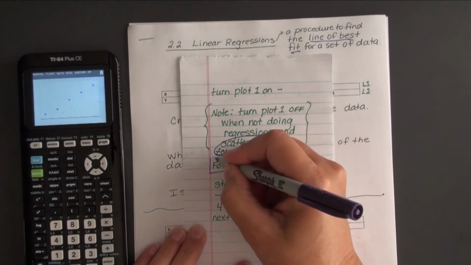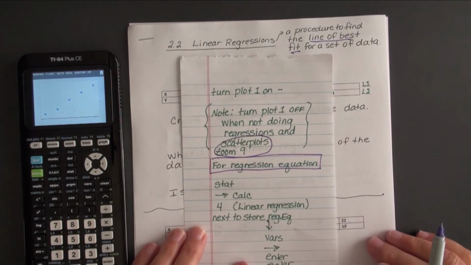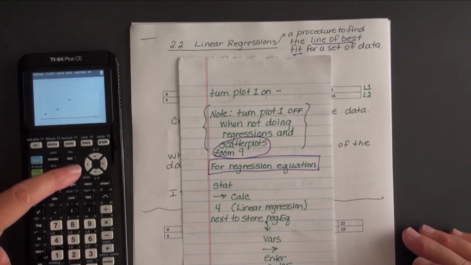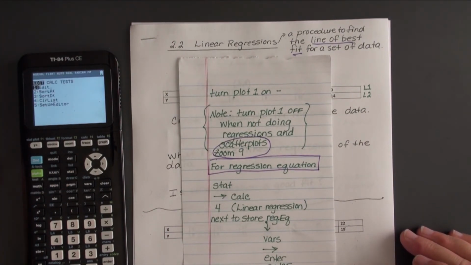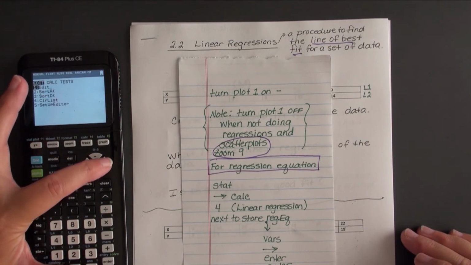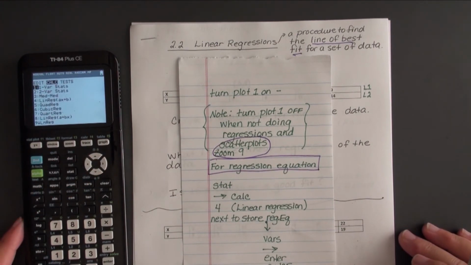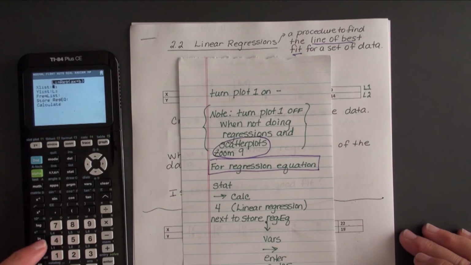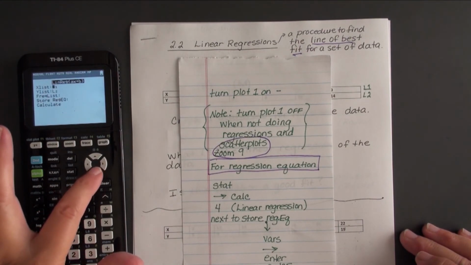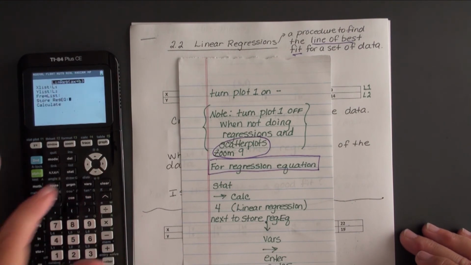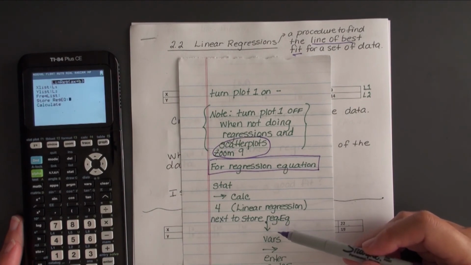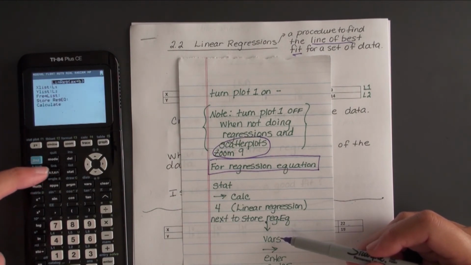So for the regression equation, you will press Stat, go over using your right arrow so that the Calculate is highlighted, and we're doing a linear regression, which is number 4. So highlight number 4 or type in number 4. Now go down with your arrow next to the store and type in vars.